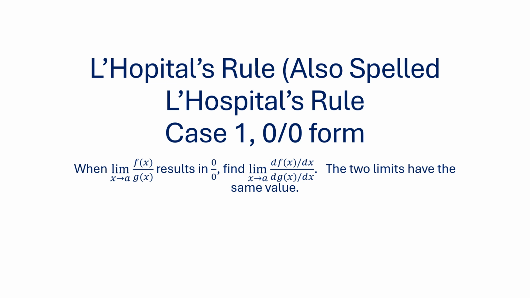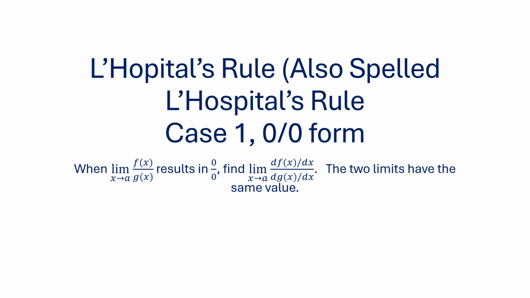L'Hopital's rule actually has two spellings if you are looking it up for some reason, like say more practice. Sometimes it's a good idea to have practice problems, and you might want to look up the topic.